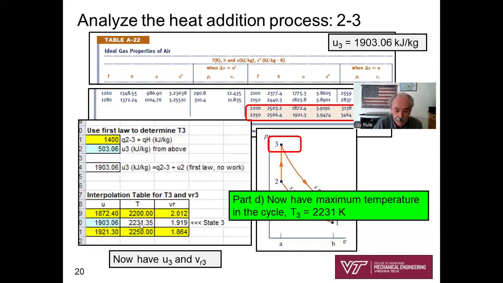Also, looking ahead, I've got to study the isentropic process 3 to 4, so I know I'm going to need VR, and I'm going to determine that as well. So here's my interpolation table. There are my U values that I just found. Temperature value, so interpolate: 2231. That's part D, check. The maximum temperature is 2231 degrees K. And VR, I'm going to find 1.92 is VR3.